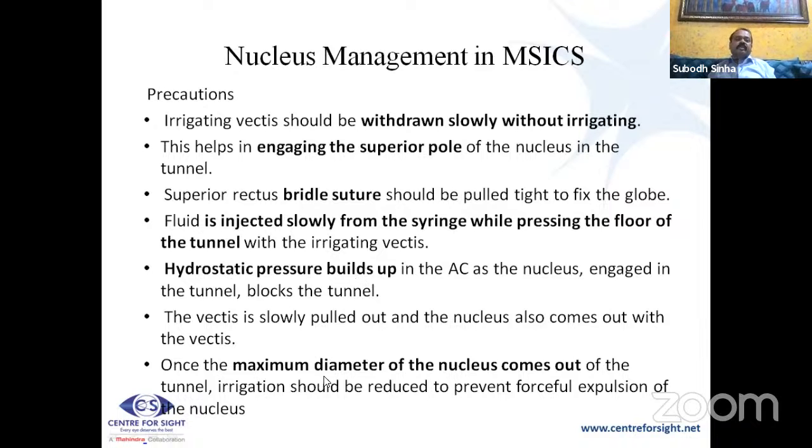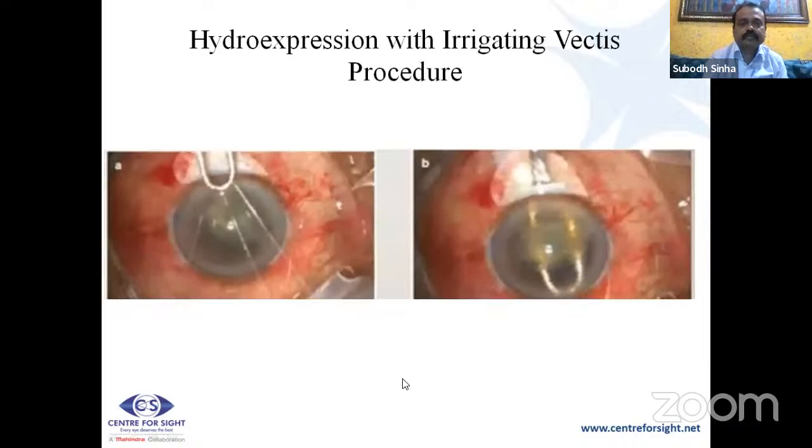Once the maximum diameter of the nucleus has come out, stop any irrigation and then simply come out. So always check and see the margin of the vectis every time. Don't go so much into the inferior angle. You can manage without even engaging the nucleus here also.